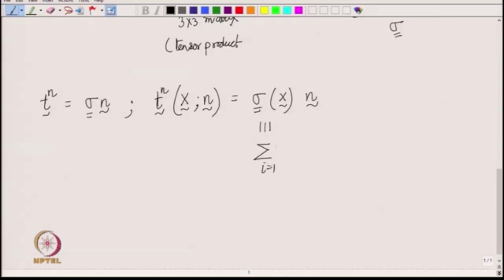summation over i equal to 1 to 3, T_i tensor product e_i.